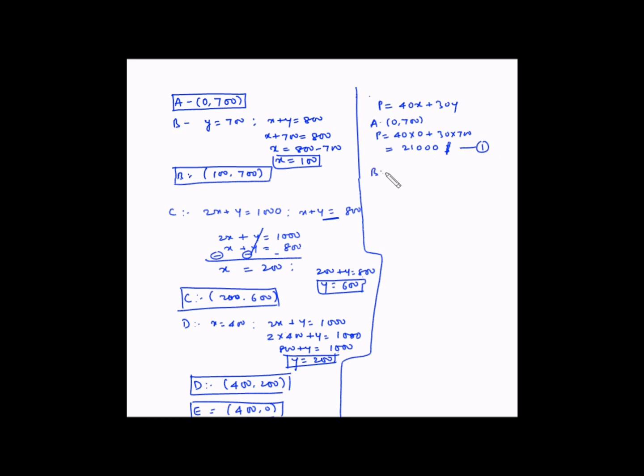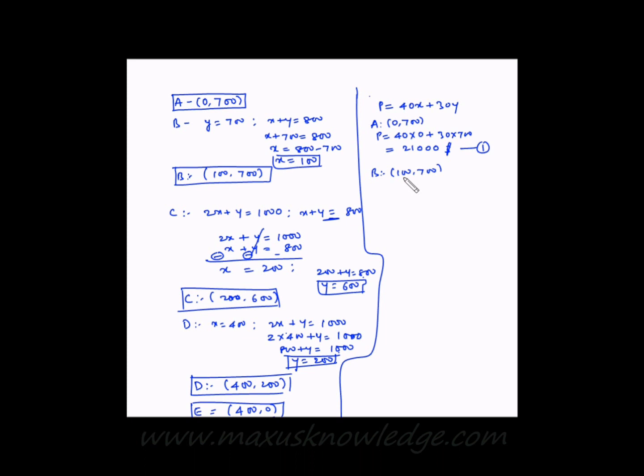Now for B, the coordinates are 100 and 700. So if we put the values of x and y in the objective function, the value of P becomes 40 multiplied by 100 plus 30 multiplied by 700.